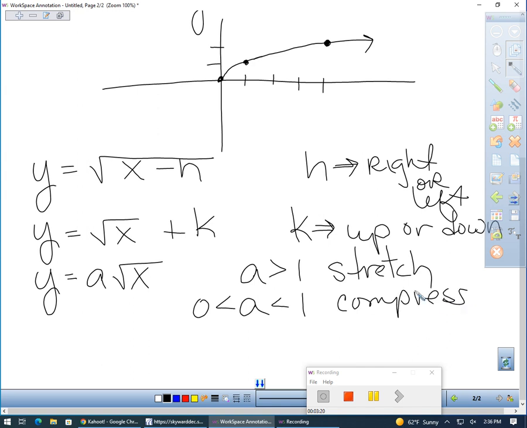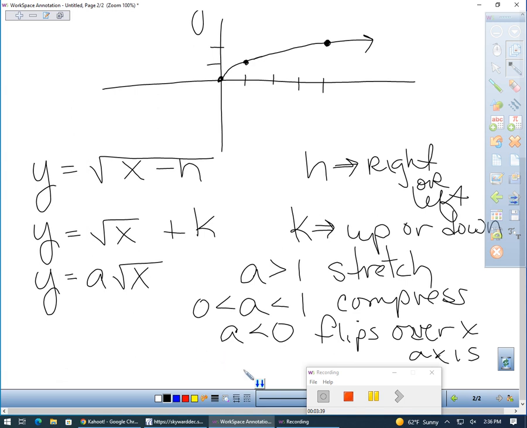If a is negative, so a is less than 0, it flips over the x-axis. This should all sound very, very familiar. Hopefully.